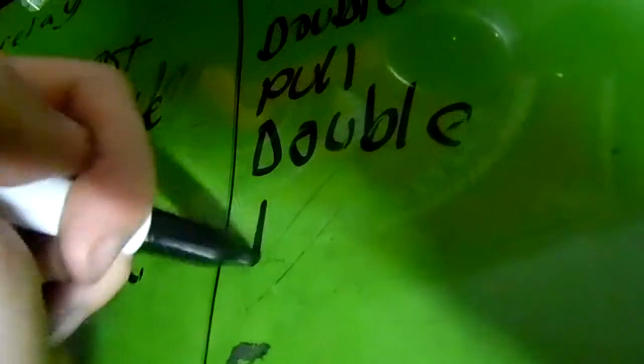And then this one's a double, jeez, I can't spell very well today. Double pole single throw. And then this one's a double pole double throw.